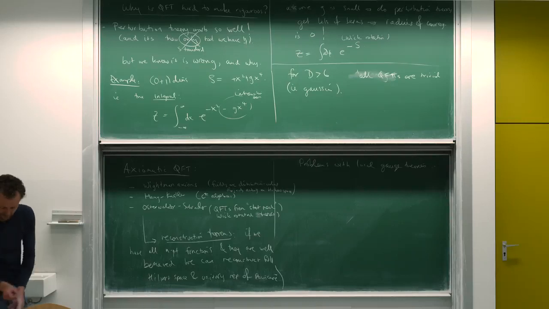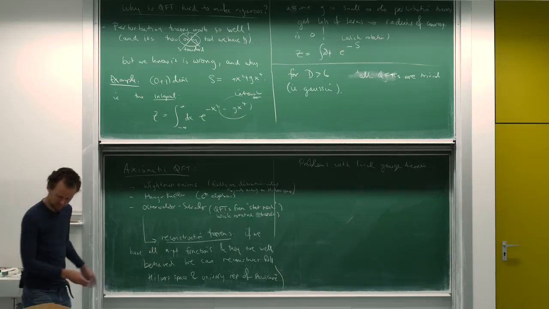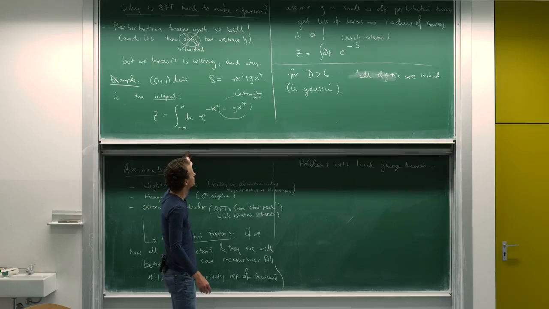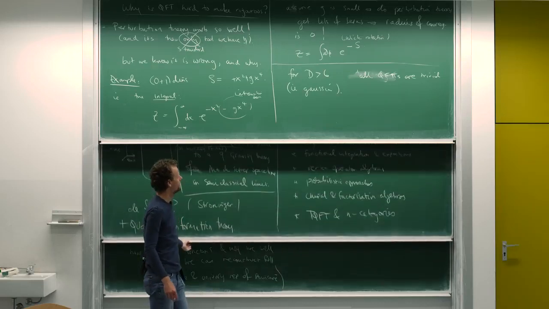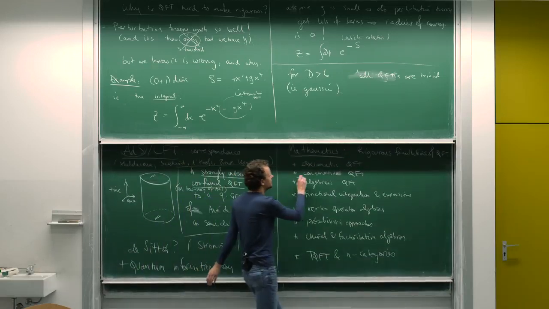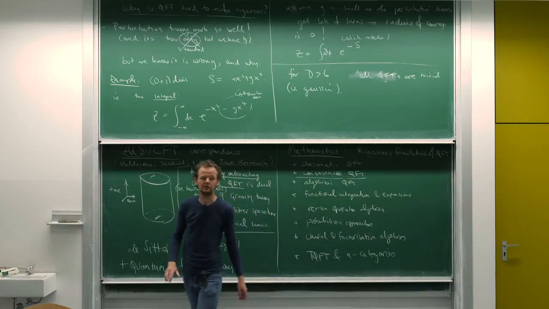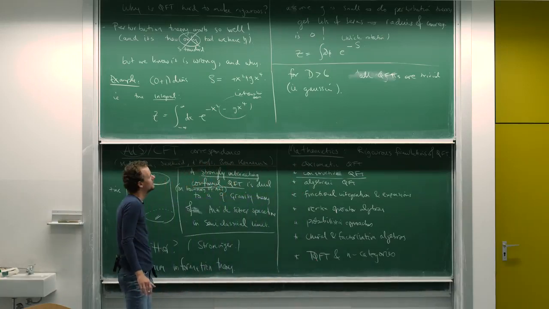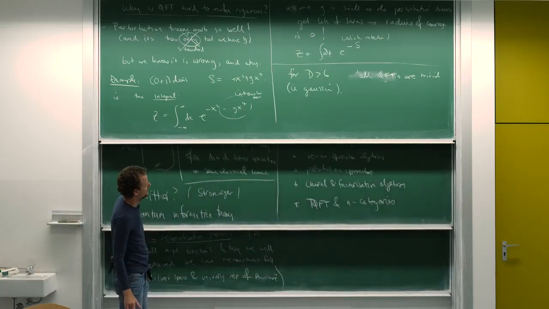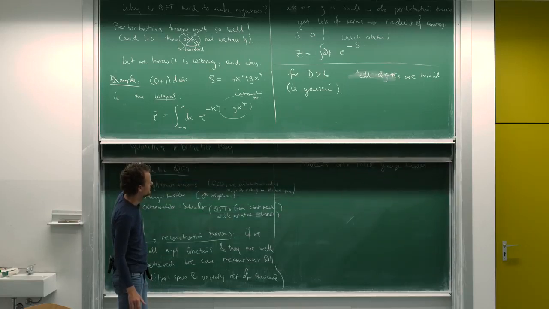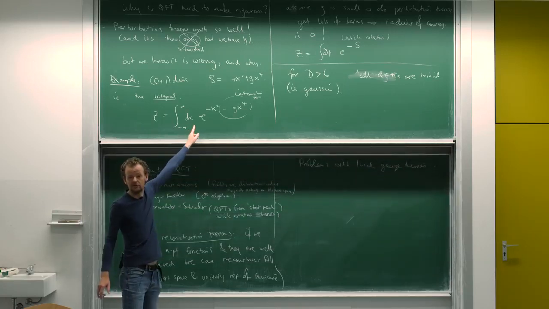Then we come to the next approach to making sense of quantum field theory. This is called constructive quantum field theory. In constructive quantum field theory, you look at this observation here and you try to make use of it.